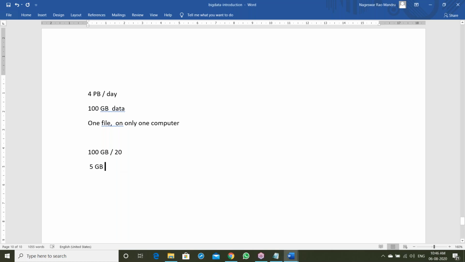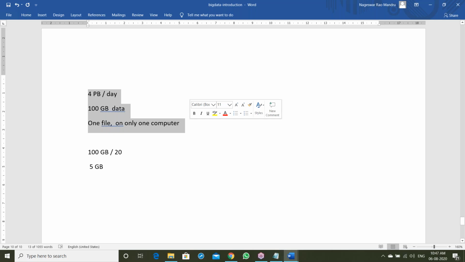So Hadoop can handle very large files also. The reason is that in Hadoop, one file is stored on multiple computers in the Hadoop cluster. In traditional systems, one file goes on only one computer. The file cannot be broken in a traditional file system.